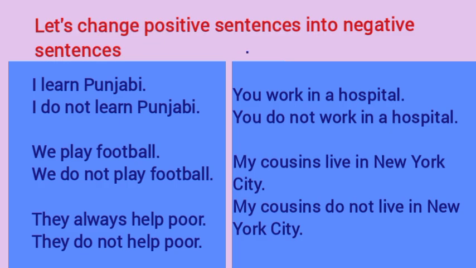Let's change a few positive sentences into negative sentences. I learn Punjabi. I do not learn Punjabi. We play football. We do not play football. They always help poor. They do not help poor.